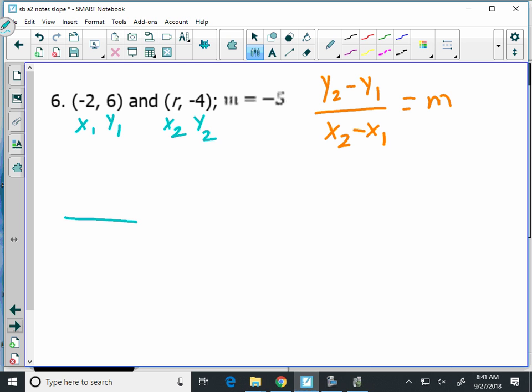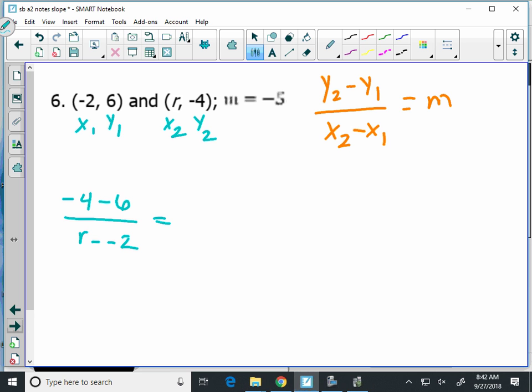What's our top going to look like when we plug it into slope? Negative 4 minus 6. Yep. Over what's the bottom going to look like? We do x2 minus x1. R minus negative 2. Very good.